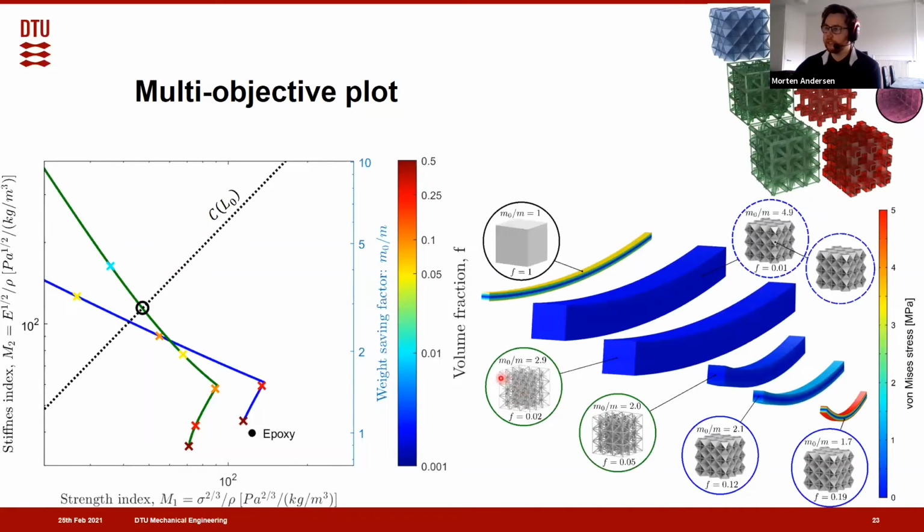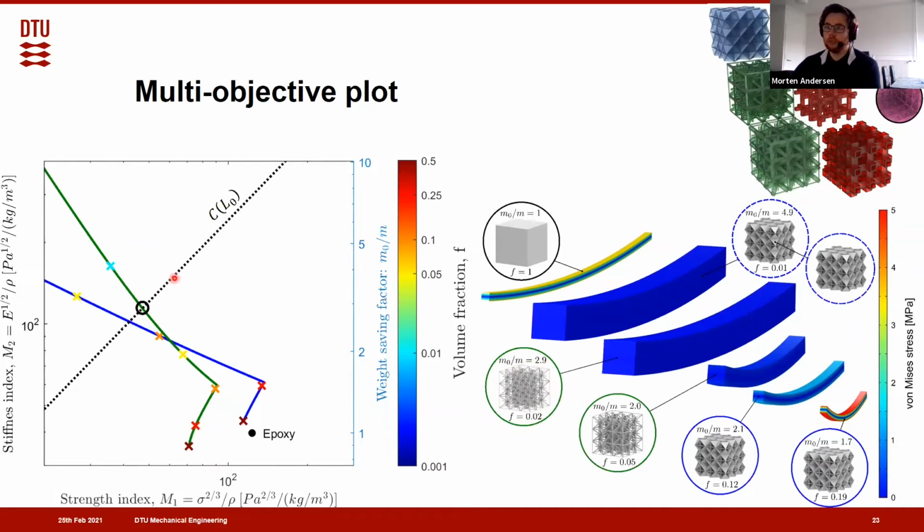We can see here that we have the reference beam of solid epoxy, and then this point here corresponds to having the beam built of these isotropic truss lattices with a volume fraction of 0.02, and we'll get a weight saving of 2.9.